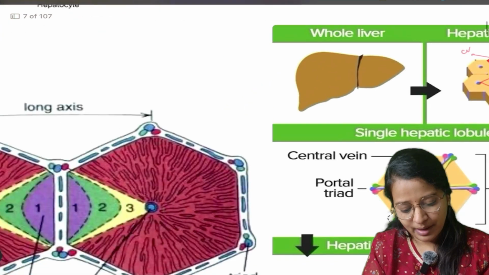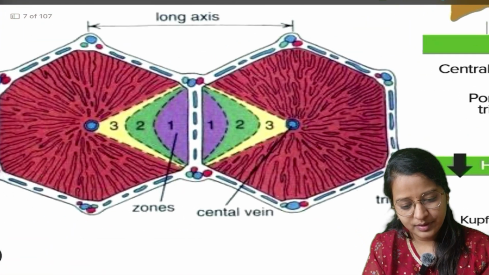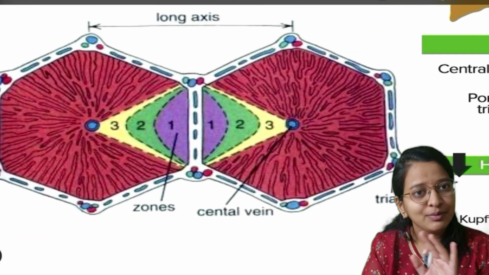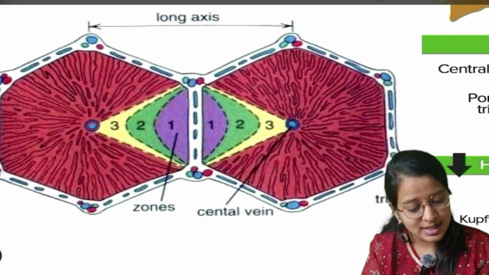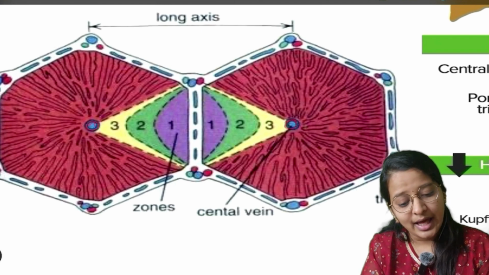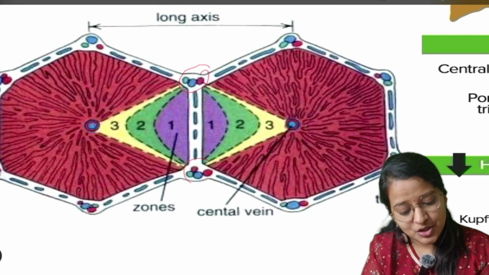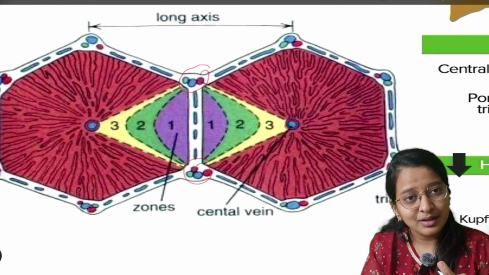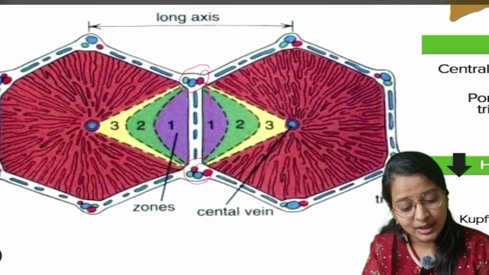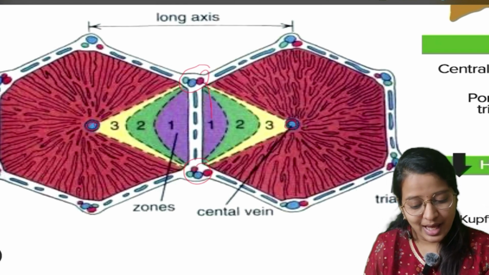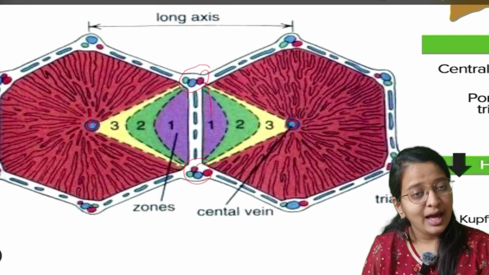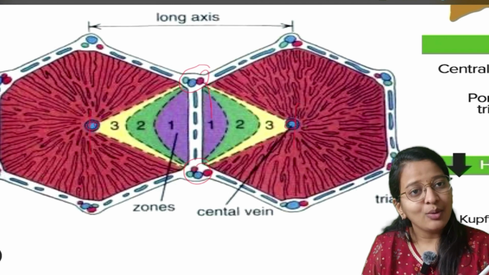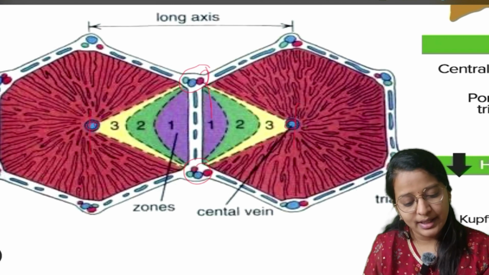Coming to the hepatic acinus, it is nothing but the liver parenchyma between adjacent central veins and around the pre-terminal branch of the hepatic artery.